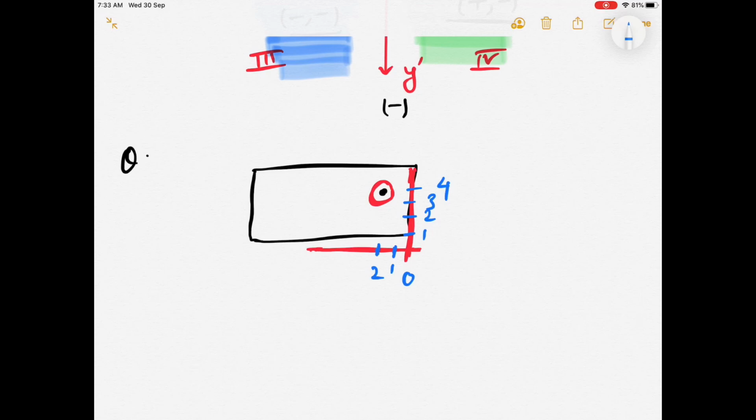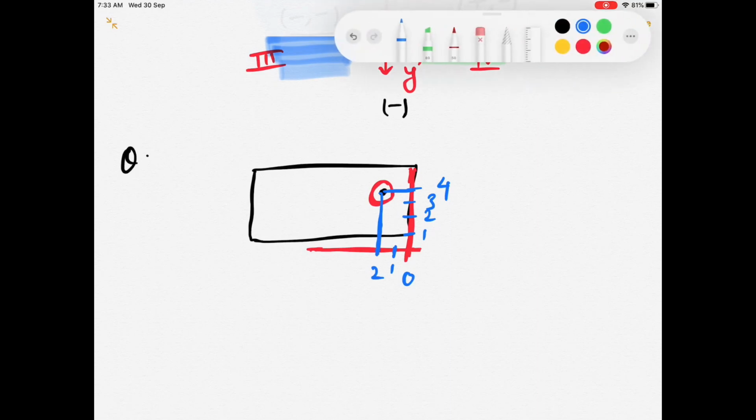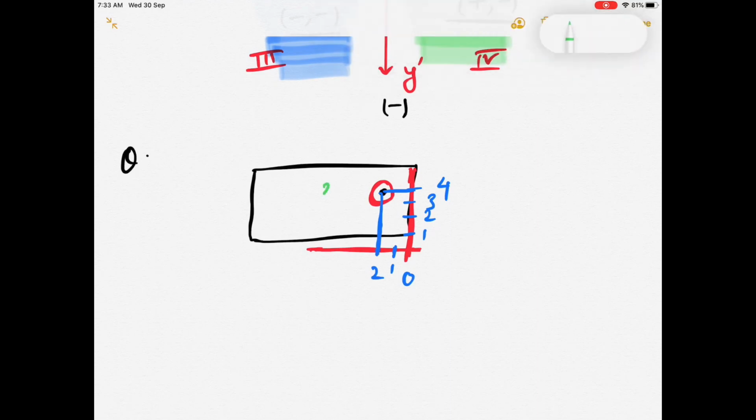We have to take the markings at equal distance on both the x and y axis. Now when we measure the distance of the lamp from the y-axis and from the x-axis, what coordinates are we getting from this position? We are getting (2, 4). We first write the coordinate of the x-axis and then the second coordinate will be the y-axis.